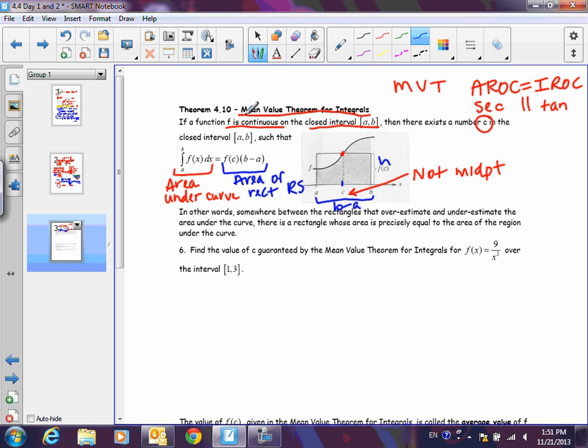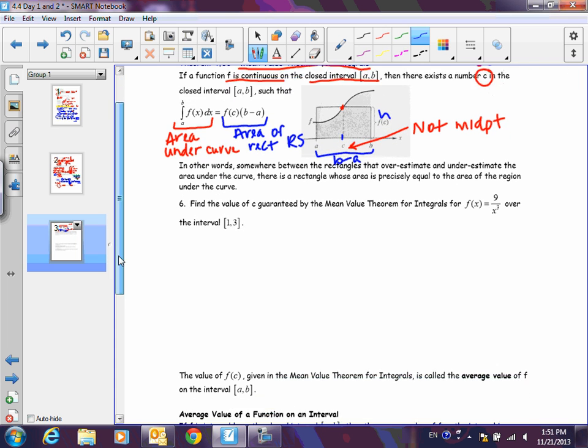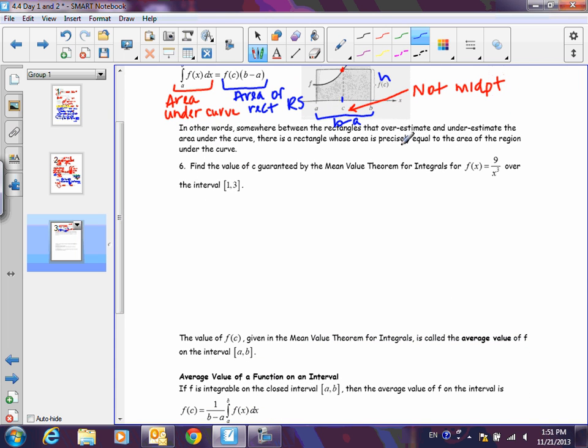So this is the mean value theorem for integrals. In other words, somewhere between the rectangles that overestimate and underestimate the area under the curve, there's a rectangle that is precisely equal to the area of the region under the curve. It's the perfect rectangle. So you've got to find the value of C that does that. All right, so this says mean value theorem.